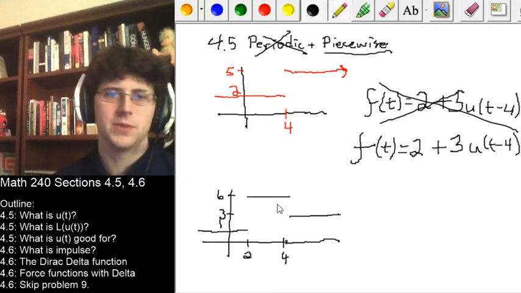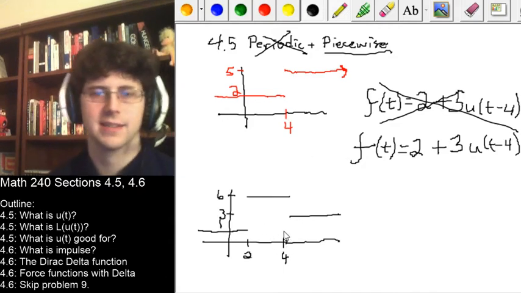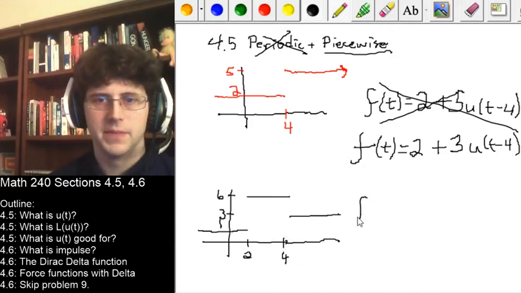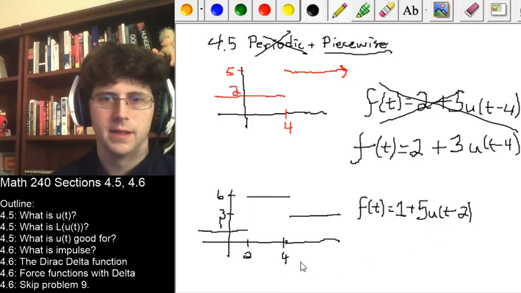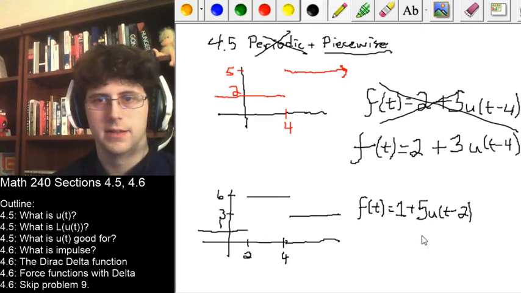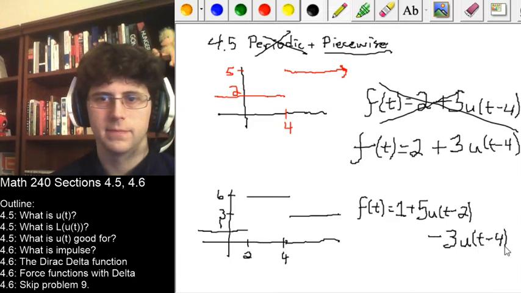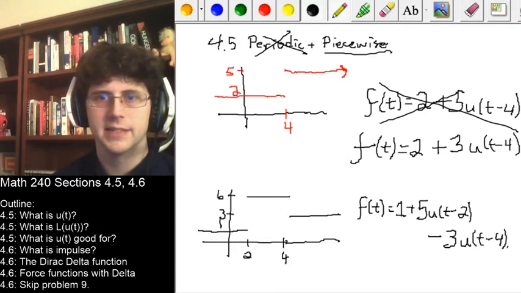This function, you could write it as a piecewise function, but we get to now write it with this u function as, I don't know, it's easier to write. The function is just 1 at first. Then at time 2, we add 5. Then at time 4, we take away 3 more. So that looks like this. Make sure this is visible. Yeah, it looks like it's working.